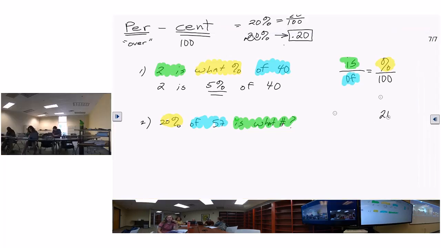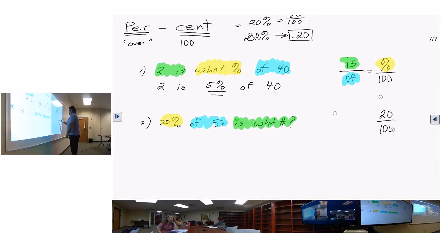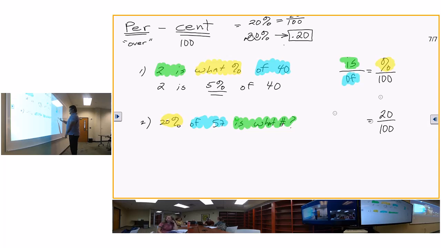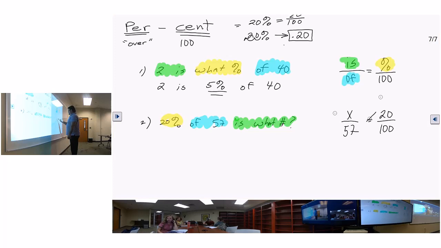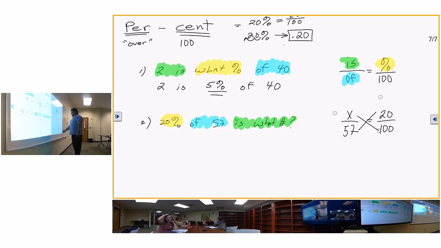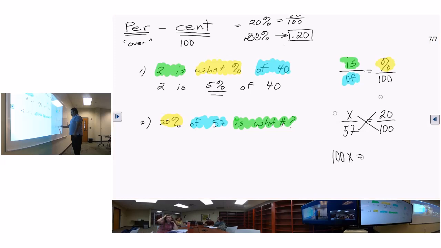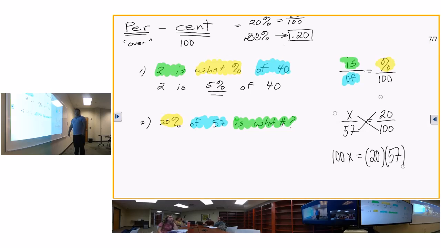20 over 100 is equal to X over 57. 100 times X is equal to 20 times 57. I want to show you a trick I learned in the war.